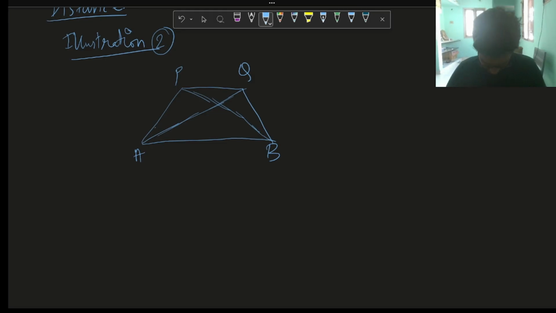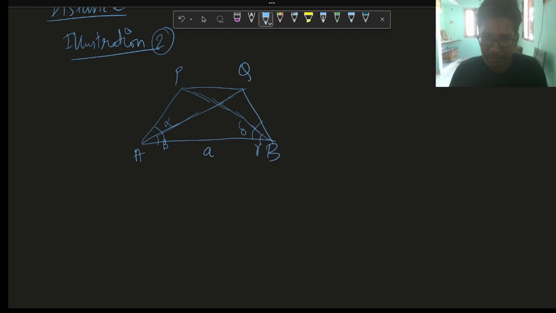This whole angle acts as alpha, and this acts as beta, and this angle acts as gamma, and this one acts as delta. I mean, that acts as delta, and this acts as gamma.